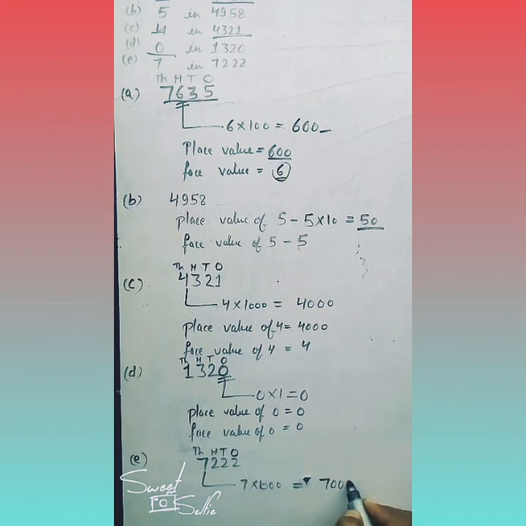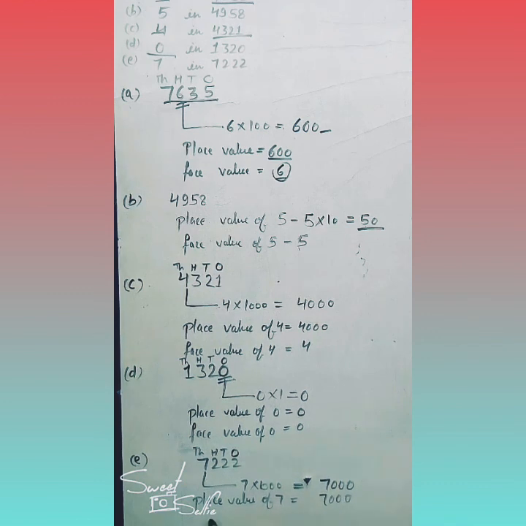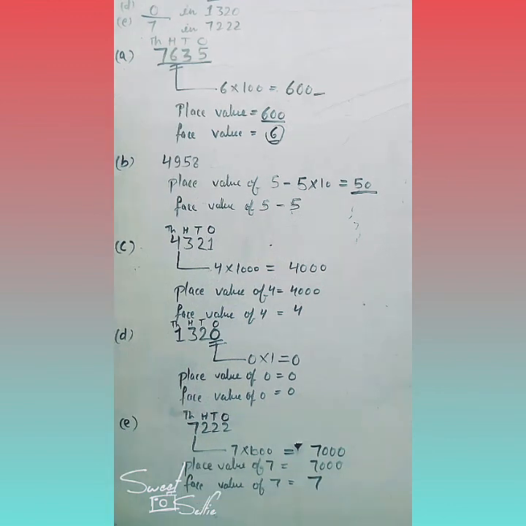It means the place value of 7 is 7000 and the face value of 7 is 7. Okay, so I hope you all have understood place value and face value, and you have all done your homework. So now match it with your answers.